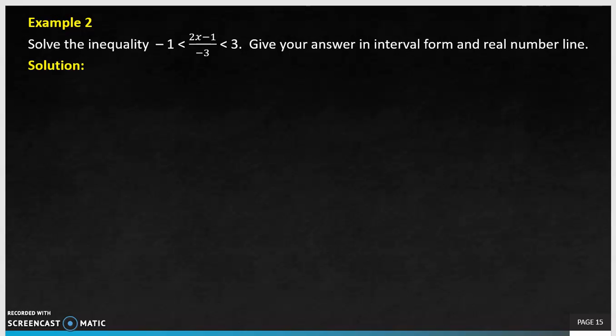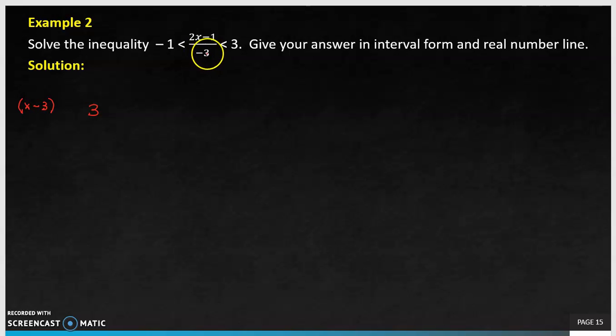First, in this example, I will multiply by -3 on the left and right hand side. So from here, -1 multiplied by -3 is +3.